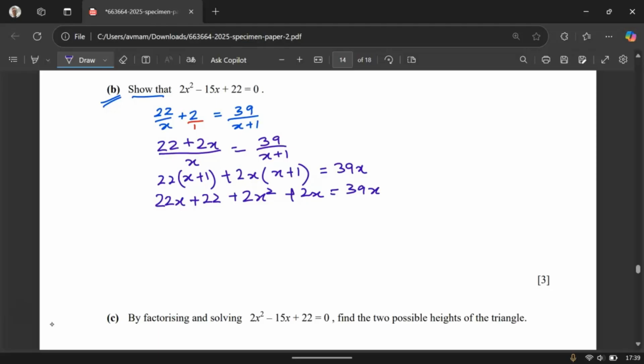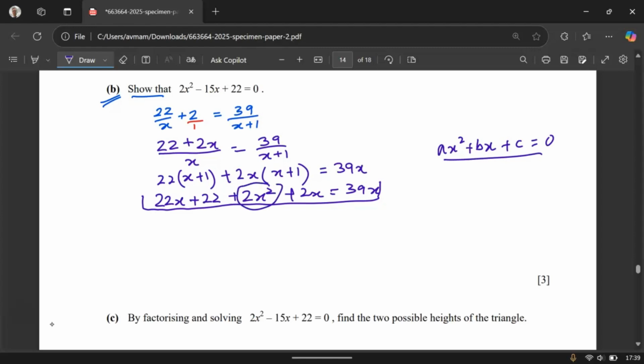Now as you know, the standard form of a quadratic equation is ax square plus bx plus c equal to 0. So let us try and write this entire thing as the standard form of a quadratic equation. So let's bring this 2x square to the extreme left hand side, 2x square, and then let's put all the x terms in the middle, which is plus 22x. Then we have plus 2x.